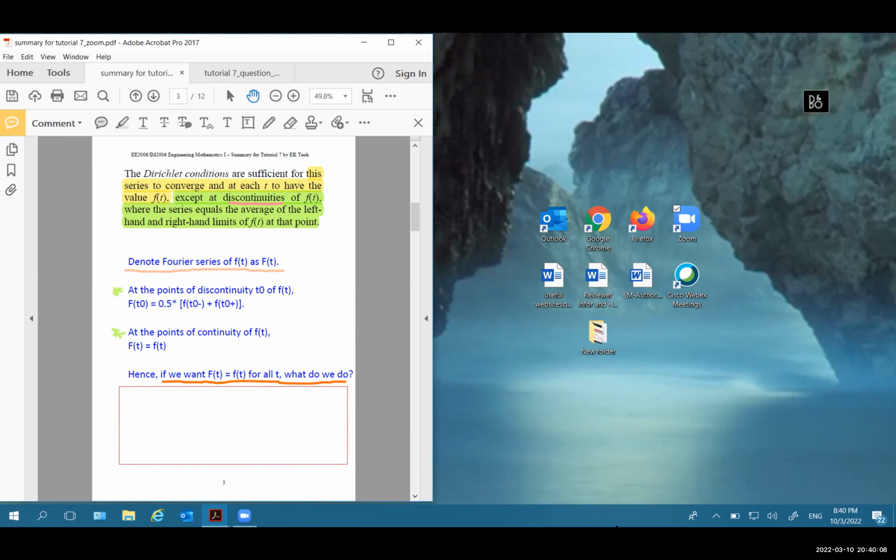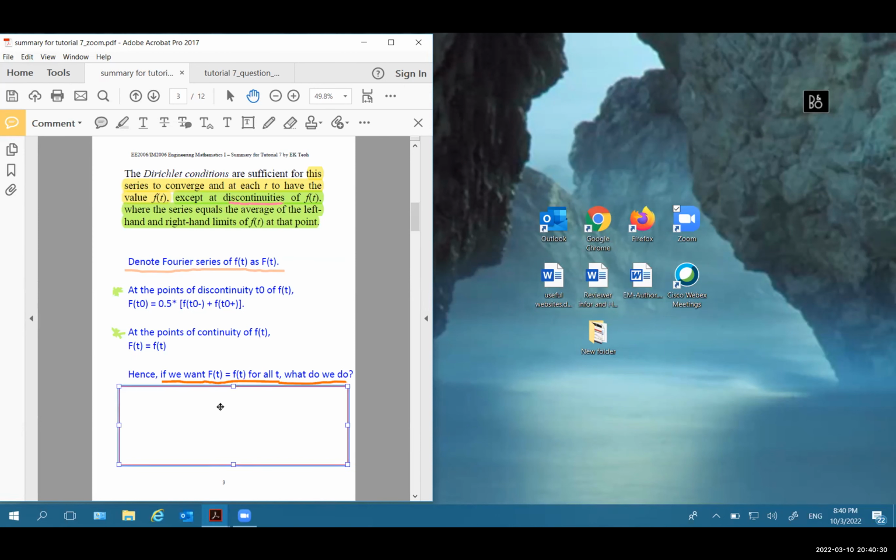So if we want our Fourier series to be equal to the function for all t, then what do we do? At the points of continuity, no problem, they are equal. But at the points of discontinuity, how do we make it equal? We already know that the Fourier series at t naught is this value.